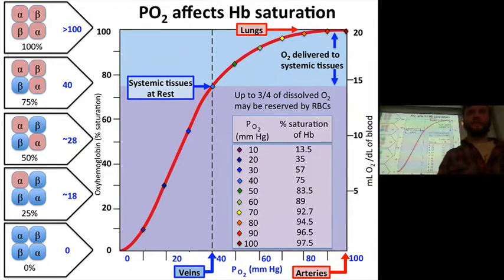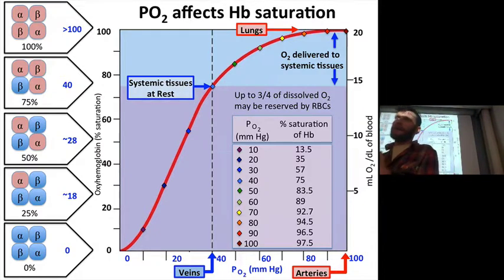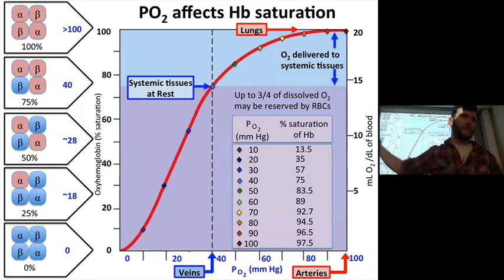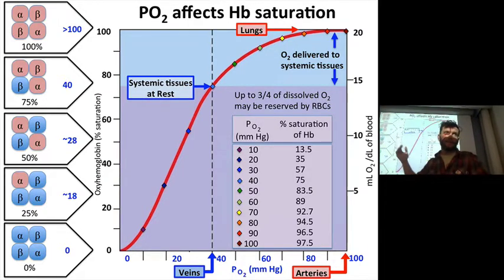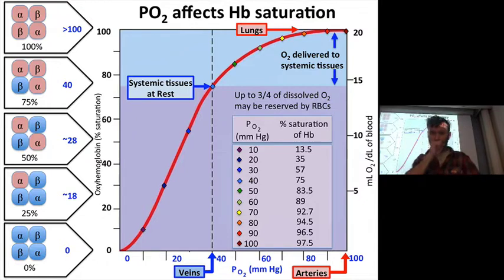This is due to the fact that the binding of oxygen facilitates the binding of more oxygen. The fact that it's not a straight line, for example, means that there is something that's changing the facility with which oxygen is binding to hemoglobin. All right, this is what we call allostery.